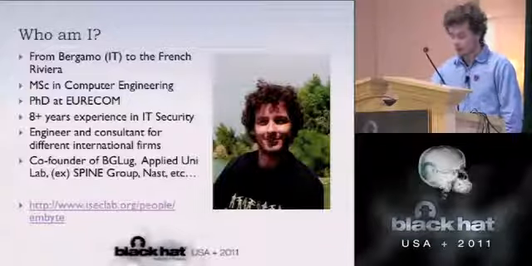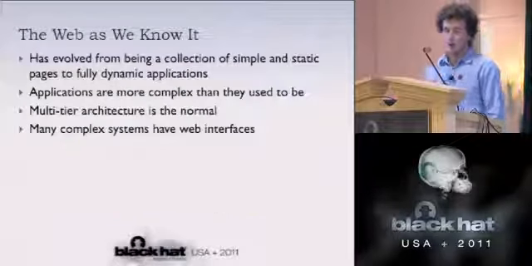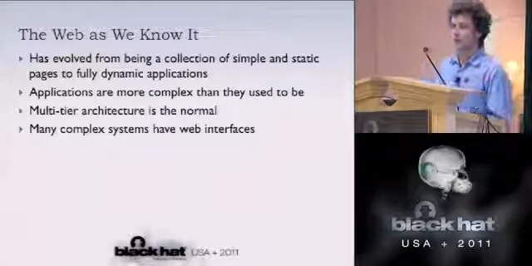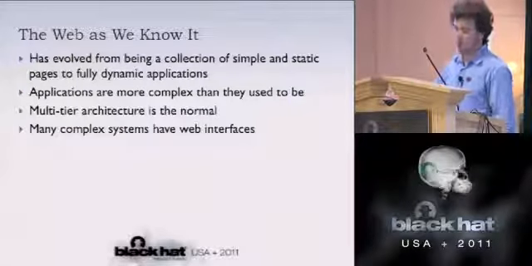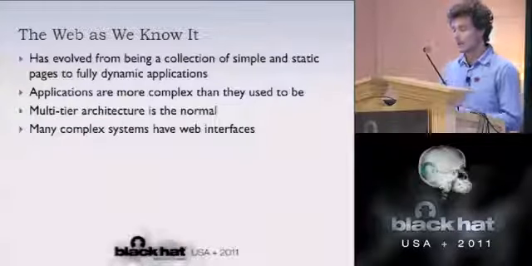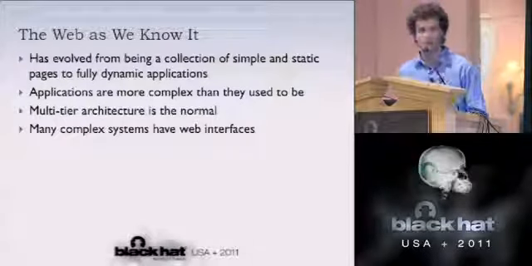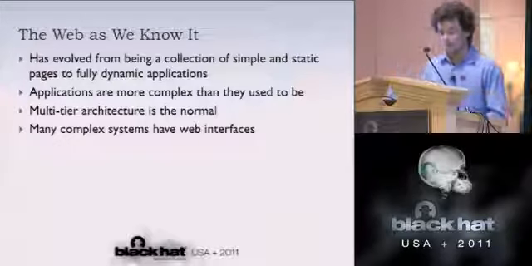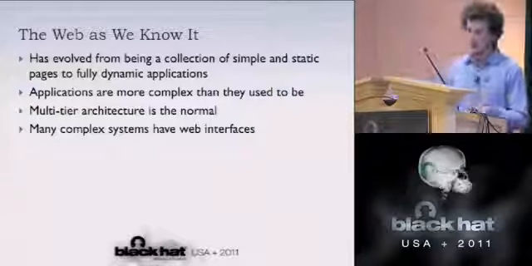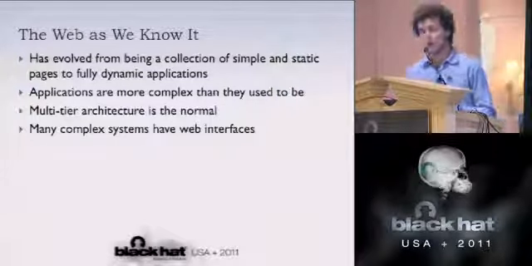As most of you know, the web has really evolved in the last 10 years. In the past, it was barely a collection of simple and static pages, while now web applications are fully customizable and pretty complex.